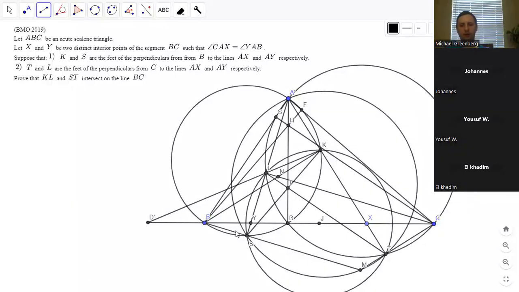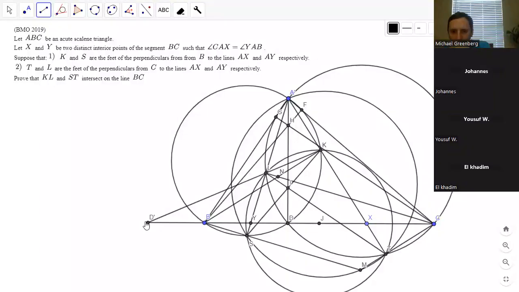Yeah, I see what you're saying using Menelaus. So D prime Y over D prime X times XK over KA times AL over LY equals 1. So we'd use that. We use ABK is similar to ACL.